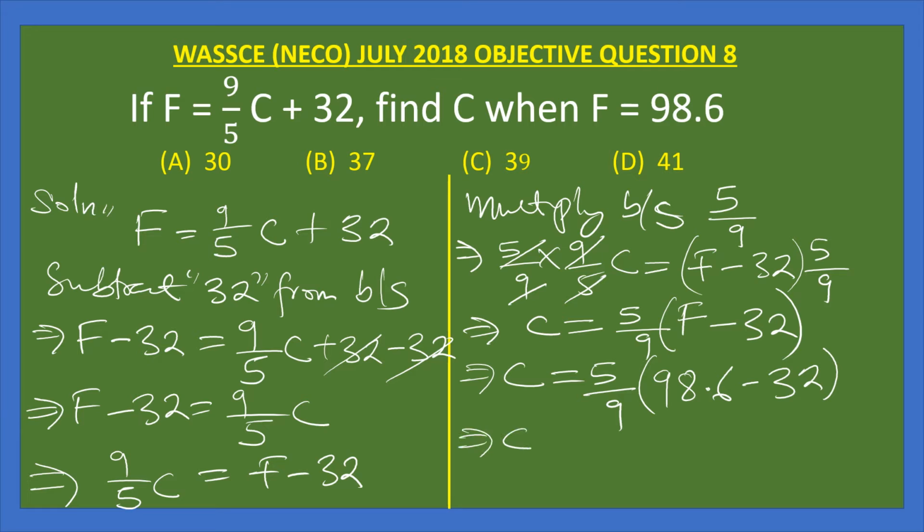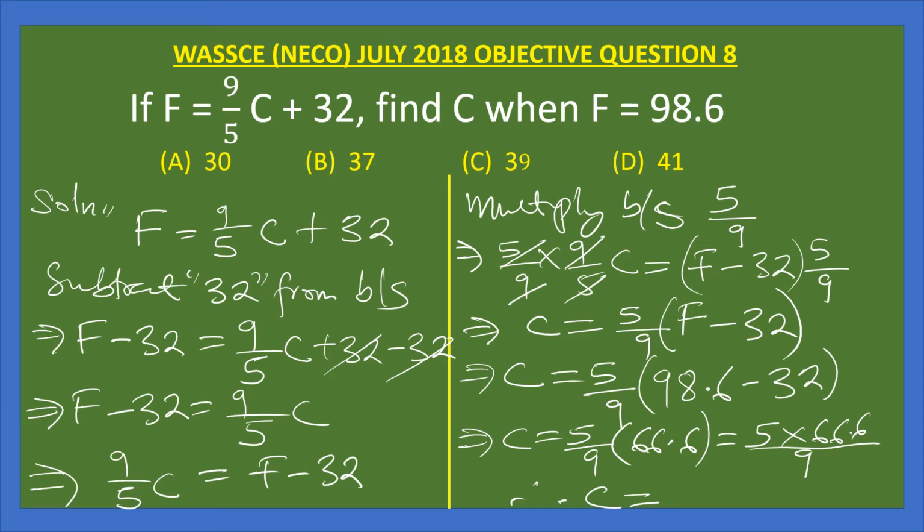Now 98.6 minus 32 is 66.6. So multiplying these gives you 5 times 66.6 divided by 9. Therefore our final answer, C is equal to, if you divide it, 37. Do we have 37 in the options? Yes, so option B is our answer.